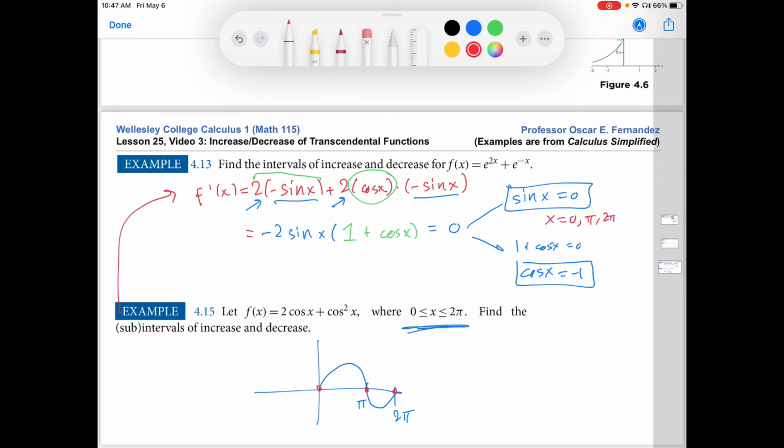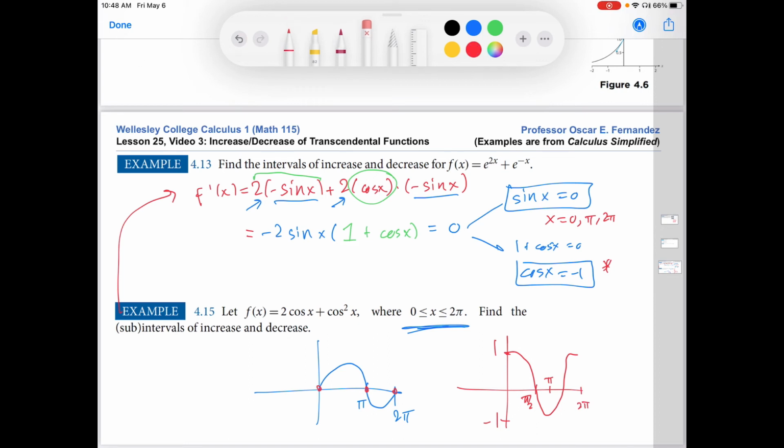Great. So what about the other equation? How about cosine of x is negative 1? Let's graph cosine of x from x equals 0 to 2 pi. It looks like that. This is 1, this is negative 1, this is pi over 2, this is pi, and all the way out here is 2 pi.